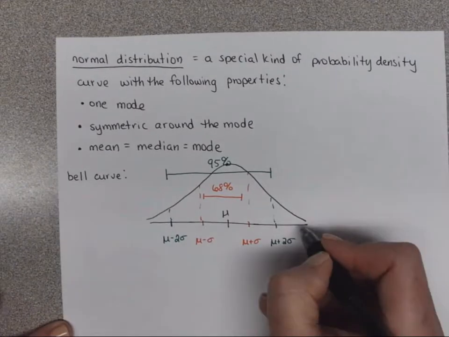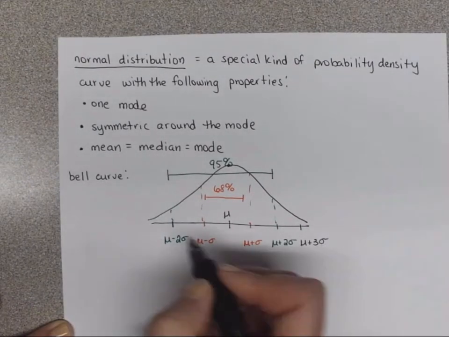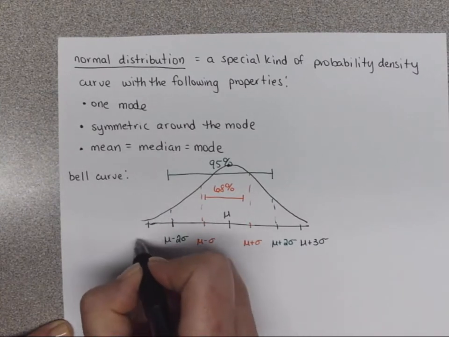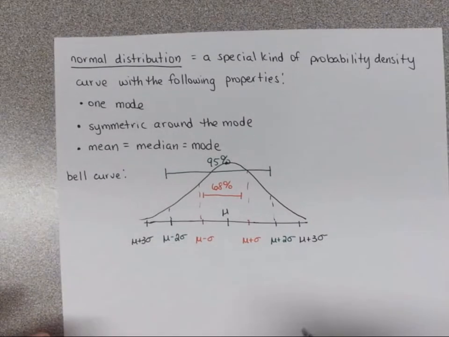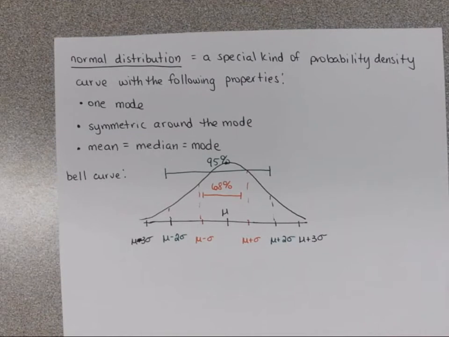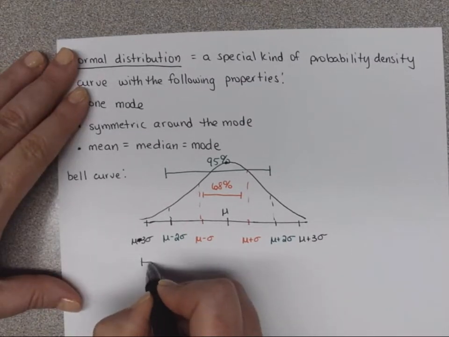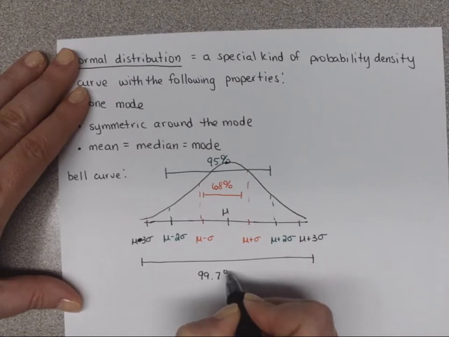And then finally, if you go out 3 standard deviations, we talked about before the break that we would consider that we had almost all of them, and we're going to be more specific here. So if we go out 3 standard deviations, sorry, that should be a minus, change that to a minus. If you are able to go out that far, then it's 99.7%.